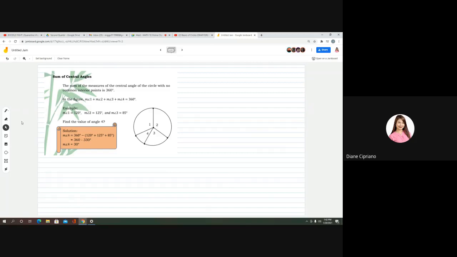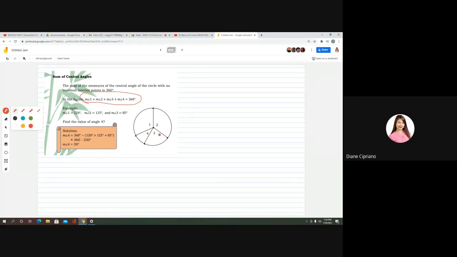So our main formula here would be the measurement of angle 1 plus angle 2 plus angle 3 plus angle 4 is equal to 360. No matter how many angles you have, even if it is 10 angles or 20 angles, the sum is always 360.